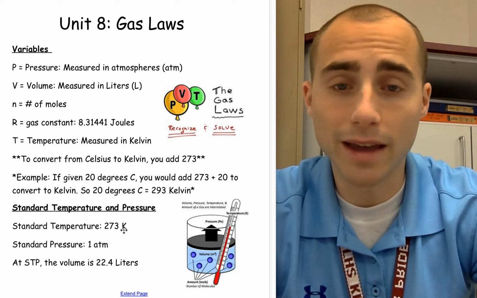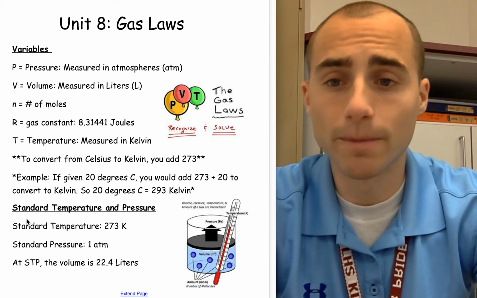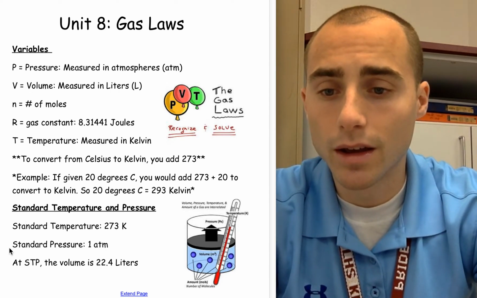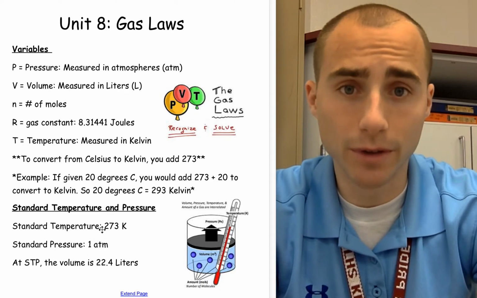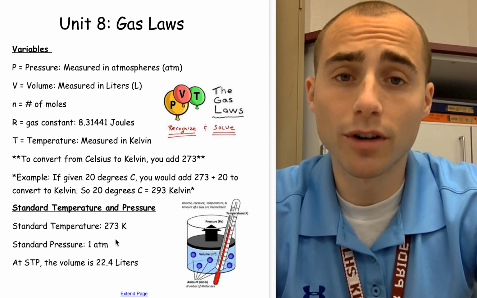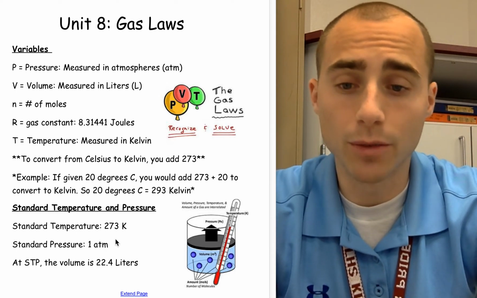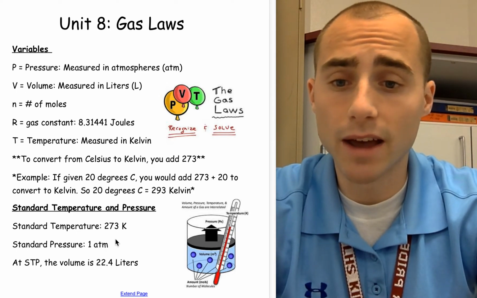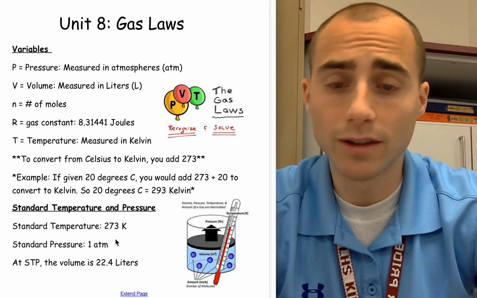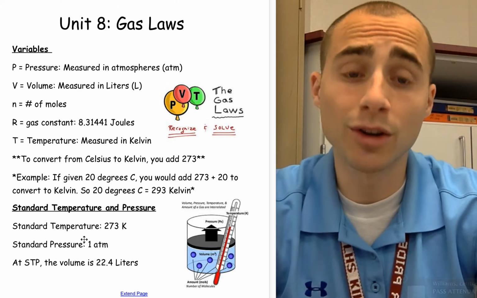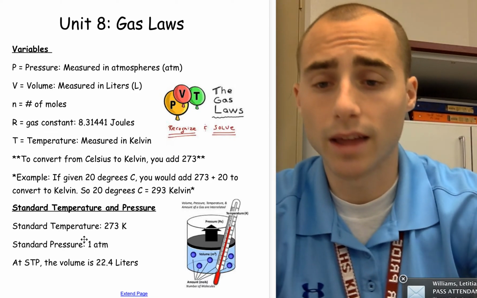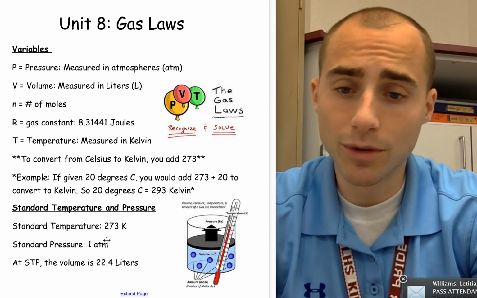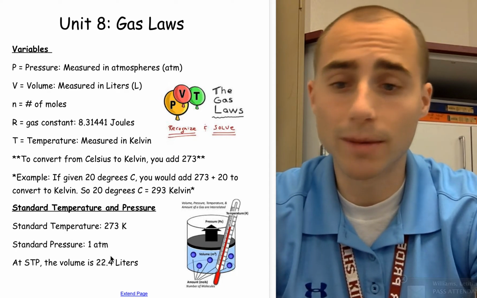Our standard pressure is going to be 1 atmosphere. That's actually the pressure on Earth at sea level, just an FYI there. As you increase altitude or decrease altitude, your pressure will change, but we'll get into that. But standard temperature, 273 Kelvin, standard pressure, 1 atmosphere.